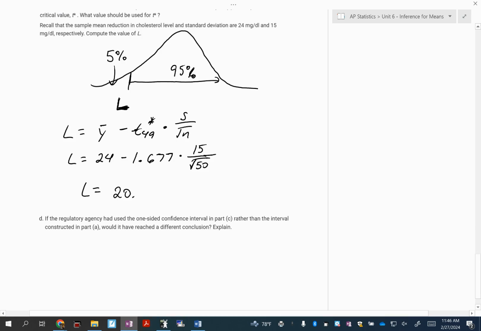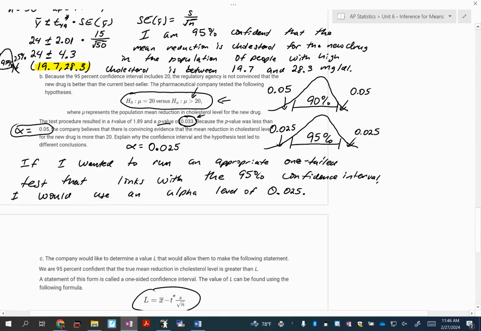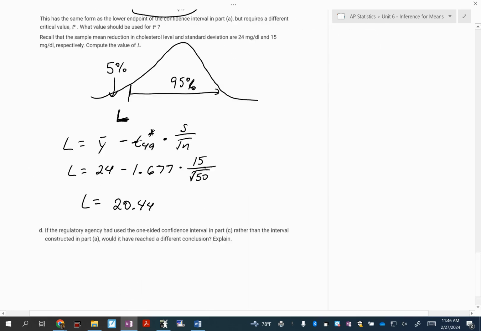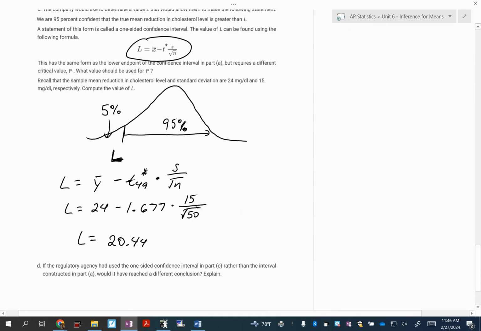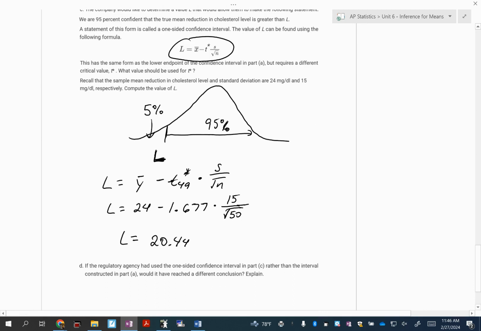Now you can see that comparing this to part A, where my lower part of the interval was 19.7, this lower part of 20.44 is actually now above that average reduction of 20. So part D is essentially asking, would they have a different conclusion then?